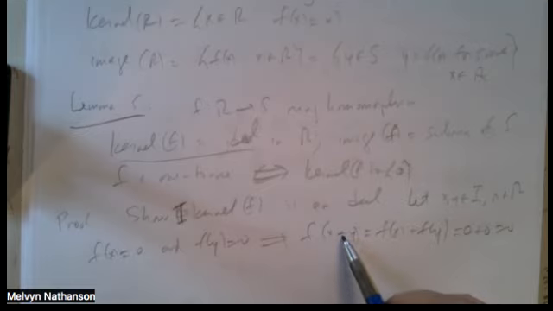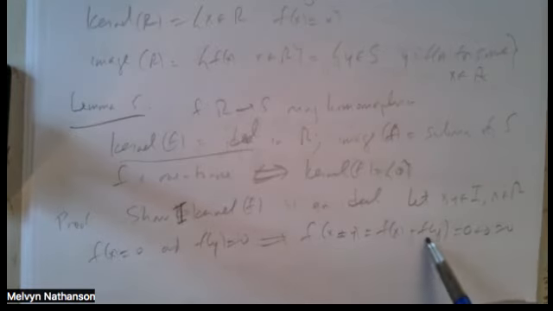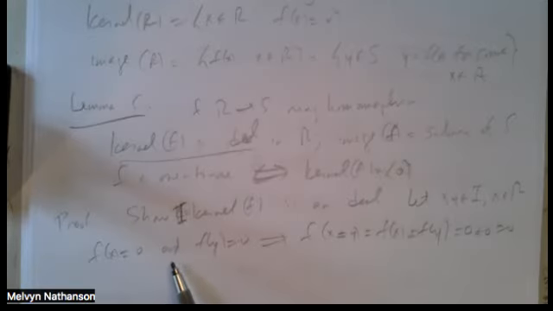So F of X plus Y is F of X plus F of Y. That's 0 plus 0, that's 0. So if two elements are in the kernel, so is their sum. And if I take F of X minus Y, 0 minus 0 is 0. So the kernel is closed under addition and subtraction.